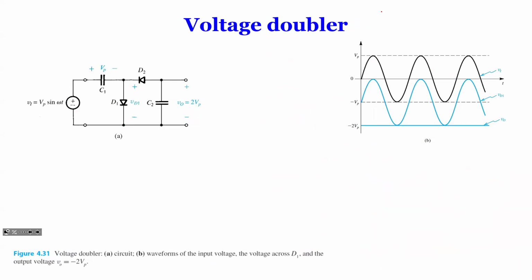For analysis, we can start with Vi positive. When Vi is positive, current goes through this Vc, so we can charge Vc1.